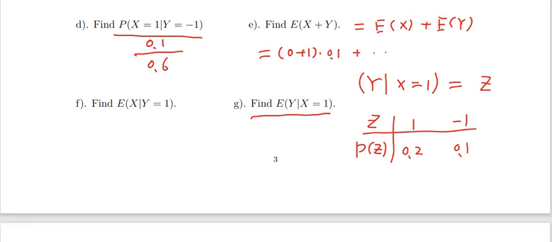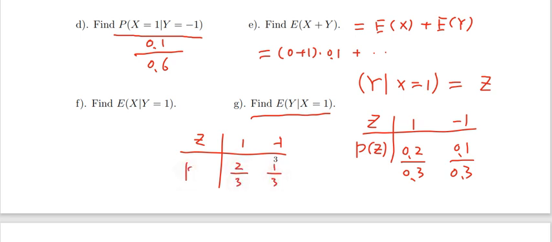In order to make it a distribution, we need to divide by the total 0.3. So this becomes a distribution, and the variable can be 1 or -1 with probabilities 2/3 and 1/3, right? So by now, find the expectation. Such a problem becomes very easy.